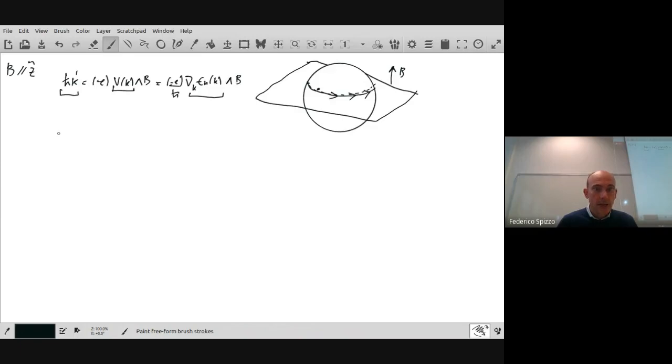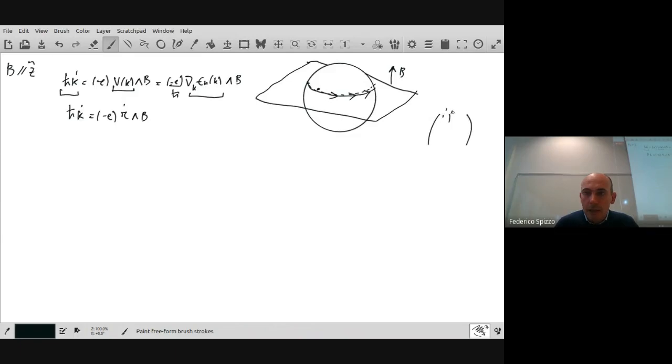To make this connection, it's just useful to rewrite velocity as just the derivative of the position vector. So here we have that h bar k prime is minus e times the derivative of the position vector, vector product B. When making this product, I just wrote here the matrix.